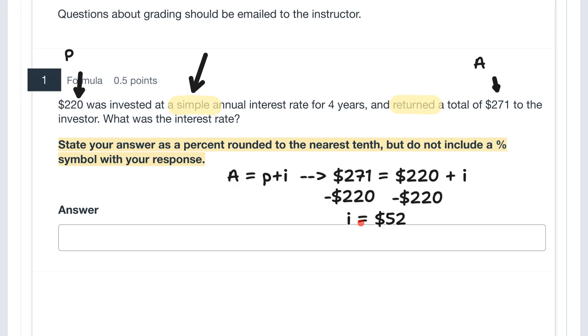Now, when I use my formula, the I equals PRT formula, the interest is equal to the PRT. Okay? Now we know that $52 in interest is equal to the original principal of $220 times the rate times the time of 4 years.